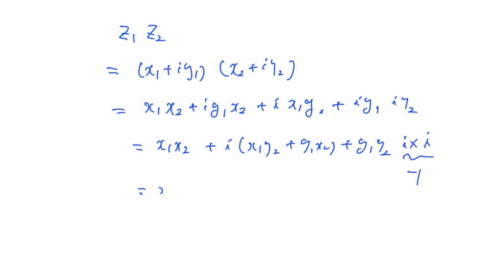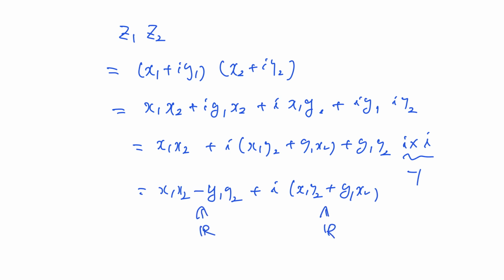So this is (x1x2 - y1y2) + i(x1y2 + y1x2). So this belongs to the real numbers, and this belongs to the real numbers. So as a result, it belongs not to the real but to the complex numbers, right?